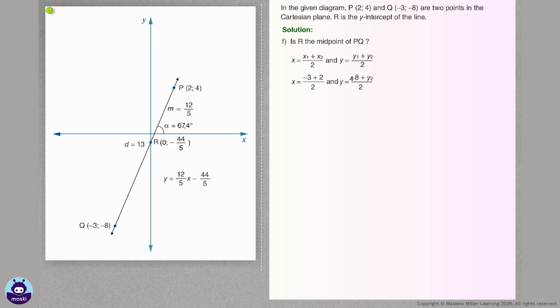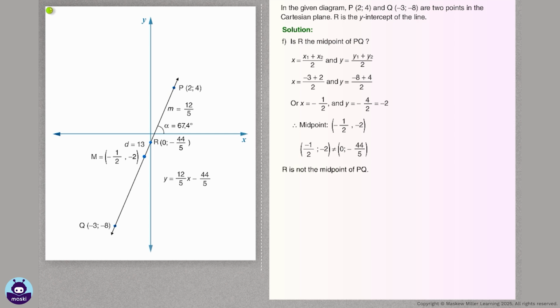X is equal to -3 plus 2 over 2, and y is equal to -8 plus 4 over 2. Therefore, the midpoint is (-1 over 2, -2), which is not equal to (0, -44 over 5). Therefore, we can say that point R is not the midpoint of PQ.